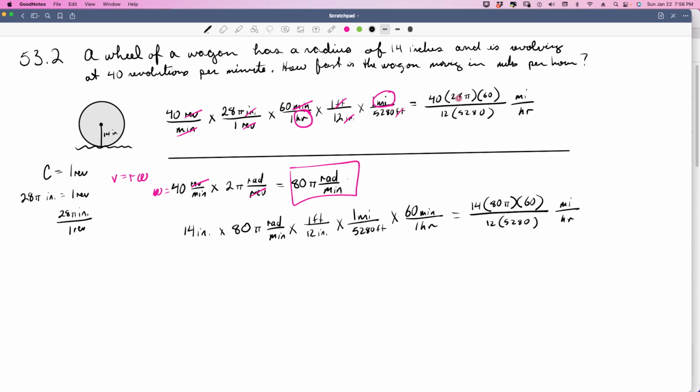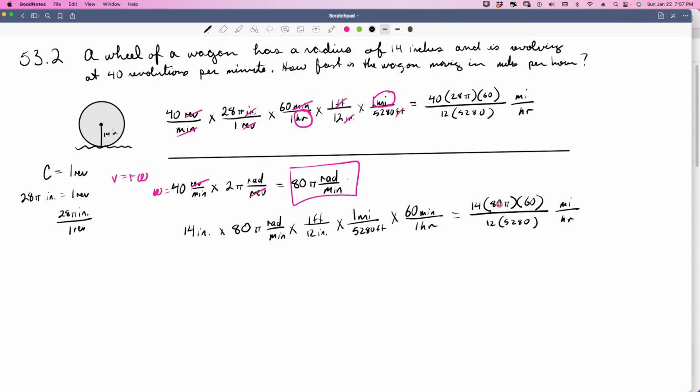In this problem, the way that I did it, I multiplied to find the circumference. I multiplied that 14 inches by 2 before I did the calculation. I found 1 revolution. And in this calculation, it applies that times 2 with the radians.